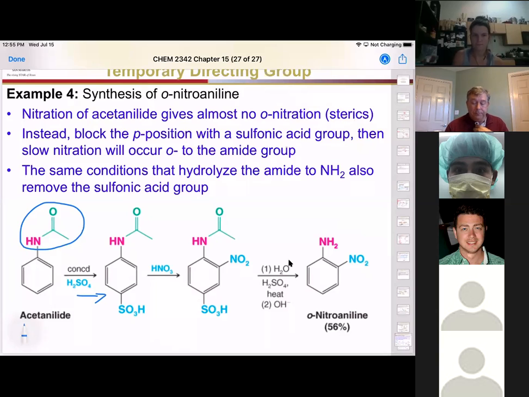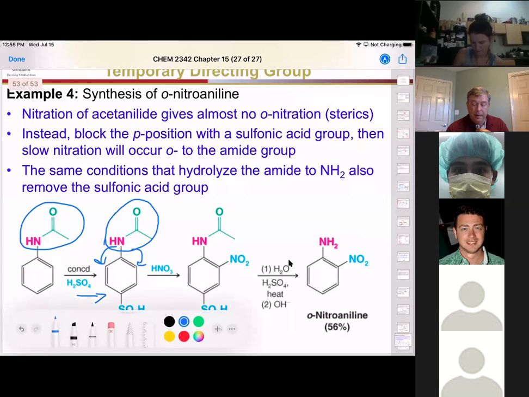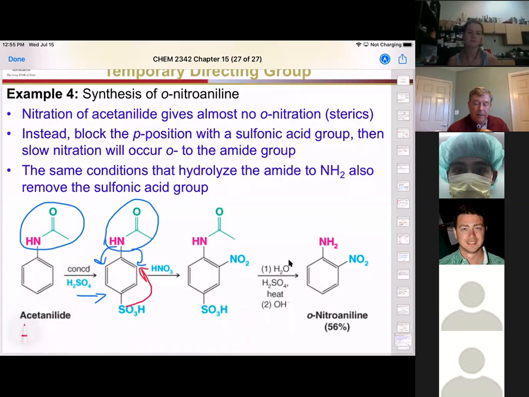So we have an ortho para director at the top, which is directing here and here, and the para position is now blocked. And now we have our sulfonic acid directing meta here and here. So that means the only place we're going to nitrate is this meta position, meta to the sulfonic acid, or ortho to the acid anilide.